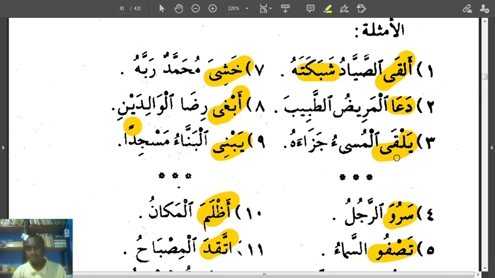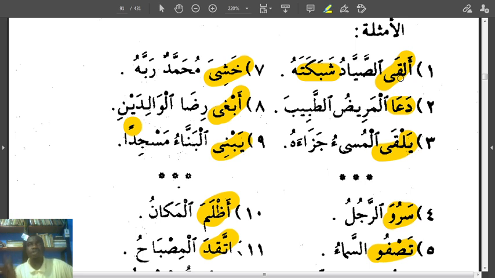The root should be noted is laqiya, to meet. Laqiya yalqa. Alqa, the present tense will be yulqi. Let's take note of that. And alqa, yulqi, the first one, to throw, is sometimes used to mean to say something.